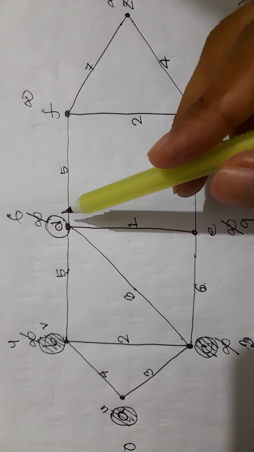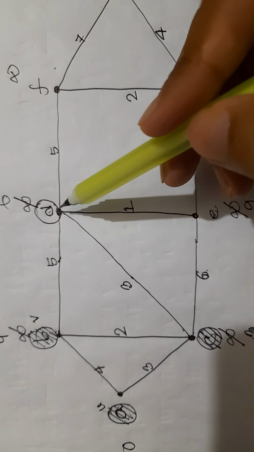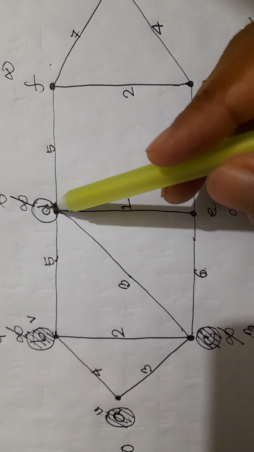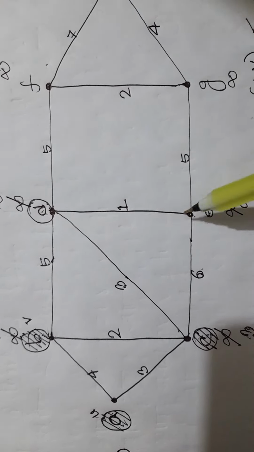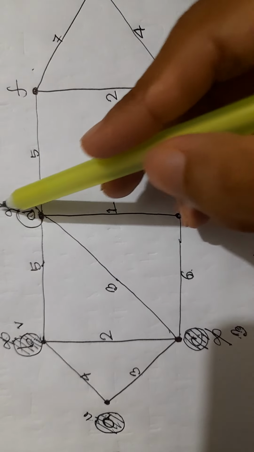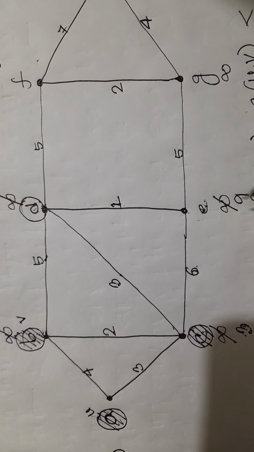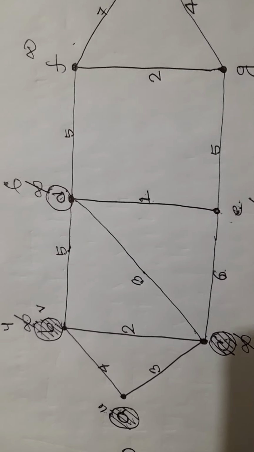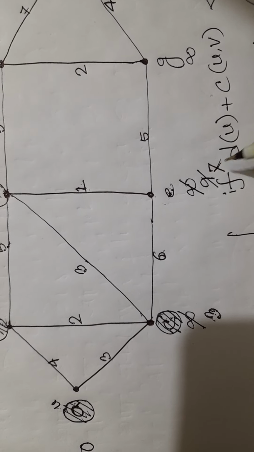From D we can visit E and F. So we visit E. The distance of D equals to 6 and the cost of DE equals to 1, so the value is 6 plus 1 equals to 7. 7 is less than 9, so the distance is updated.